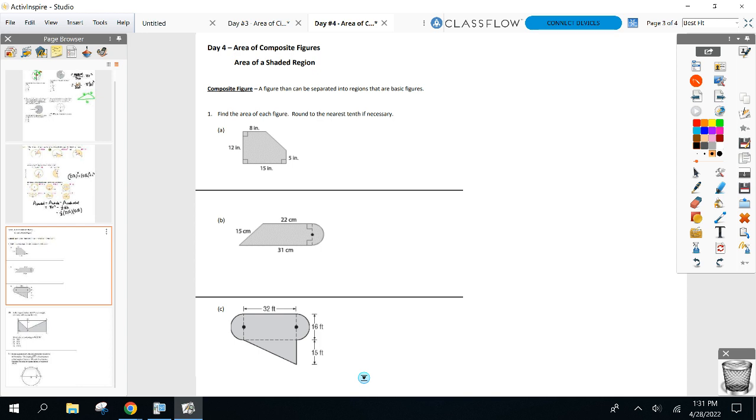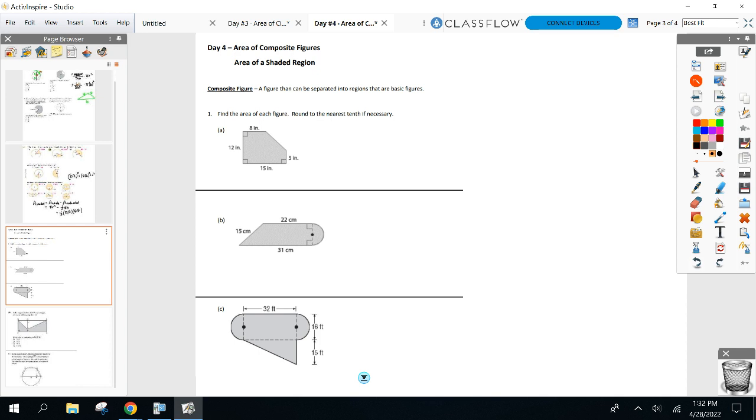Hello, Tammy. You could draw an altitude. Okay, which one? You want to go vertical or horizontal? Vertical. Okay, so here's what Tammy's saying. Draw that in right there. And now what do I have on the left? Rectangle. And on the right? Trapezoid.